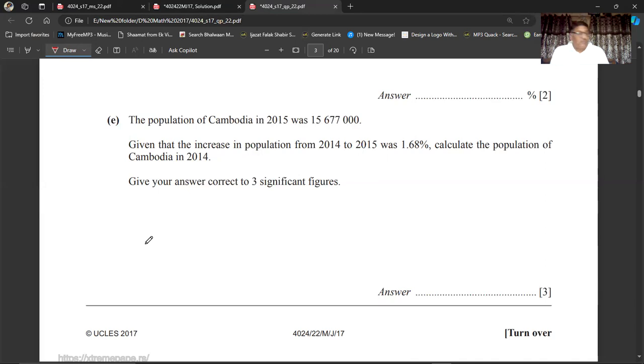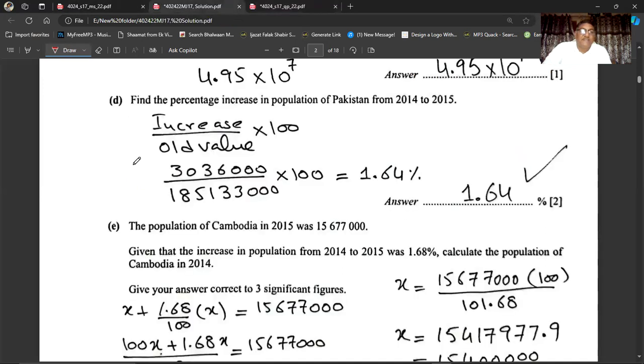So this is a question on reverse percentage where you have to find the old value. Suppose that the old value is x, then we will have x plus 1.68% of x equals the population in 2015, that is 15,677,000. This is my strategy.